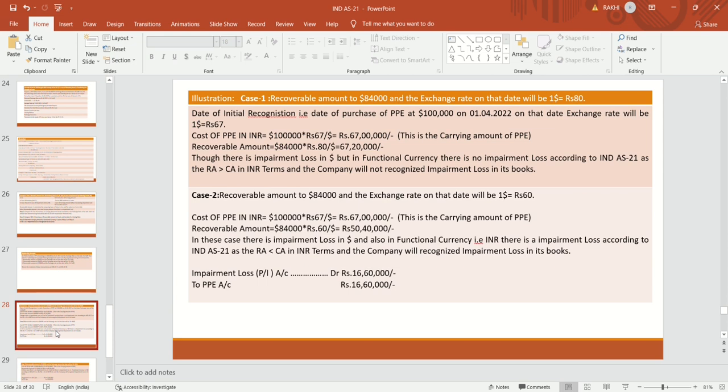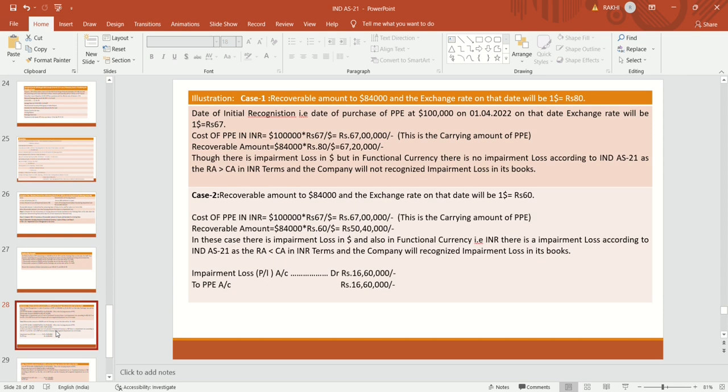So in functional currency, in INR terms, the recoverable amount is more than the carrying amount. Though there is an impairment loss in dollars, in functional currency, that is INR, there is no impairment loss according to the guidelines given by Ind AS 21.